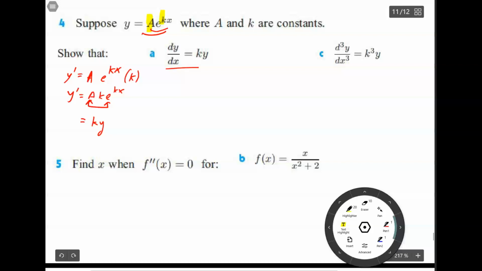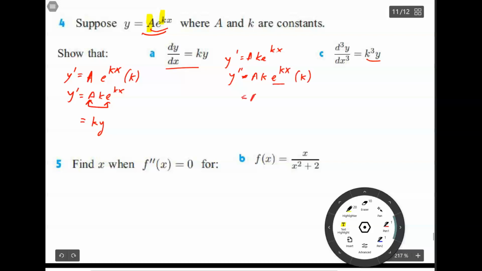Show that the third derivative is equal to k cubed y. Okay, so the first derivative is equal to ak e to the kx. The second derivative is equal to ak e to the kx, and that's the derivative of e to the kx is e to the kx, and then we also do the chain rule.